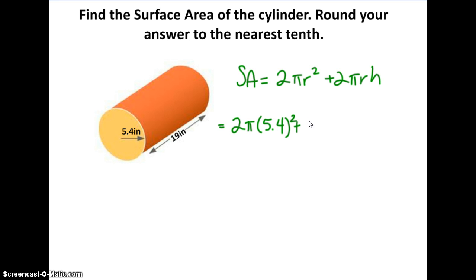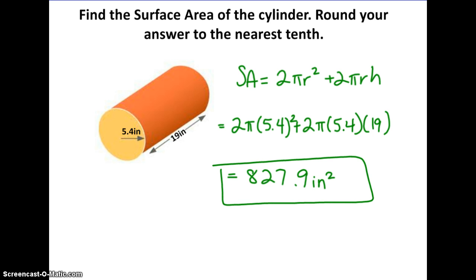There we go. Alright, so plugging in 5.4 for the radius and 19 for the height, I get 827.9 inches squared. Sorry guys, shouldn't do videos when I'm tired, huh?